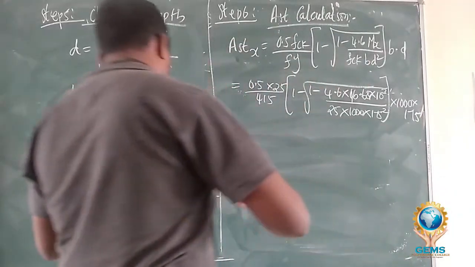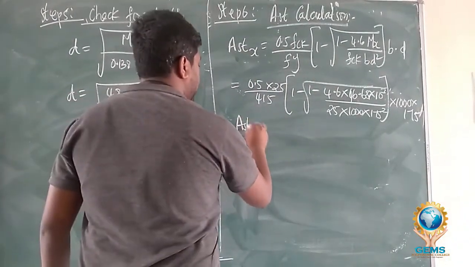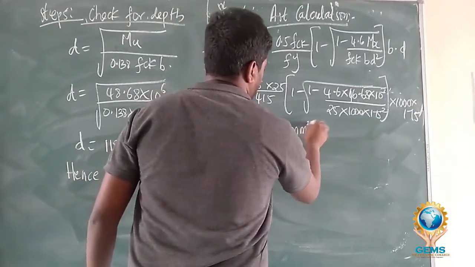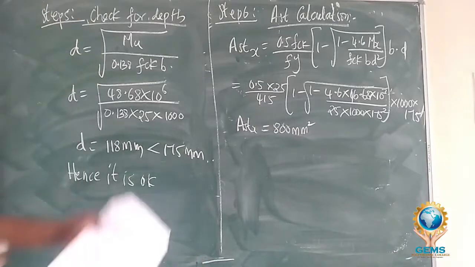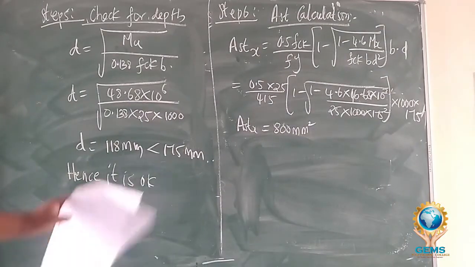So this is your substitution. Your answer will be Astx is equal to 800 mm square. Okay. So now you have calculated the area of steel, that is the main bar, in x direction.